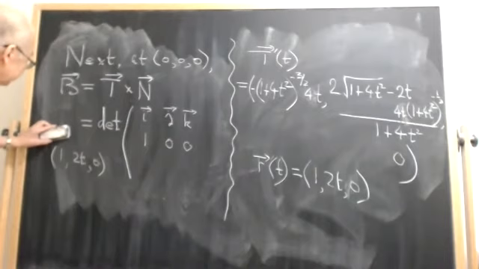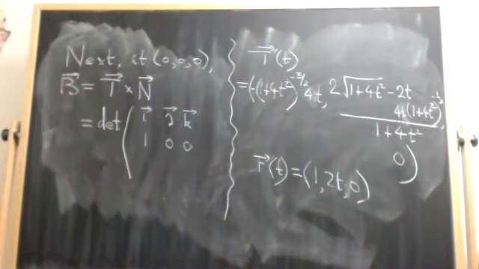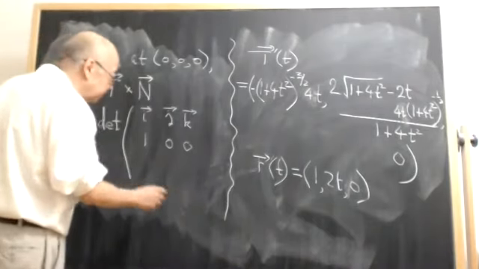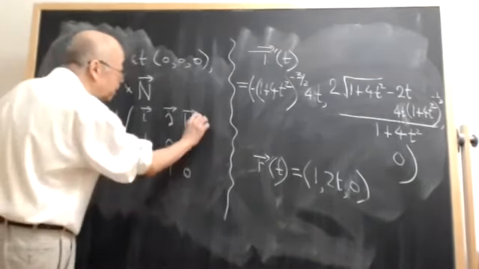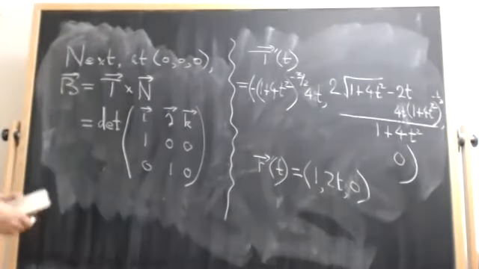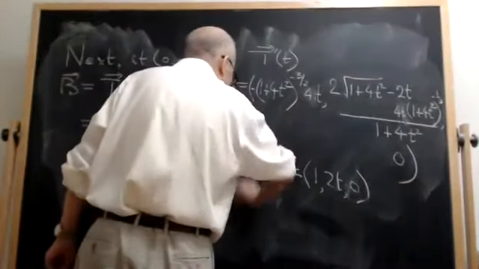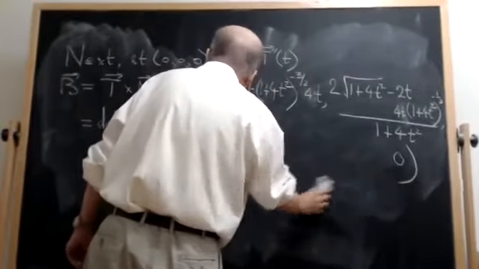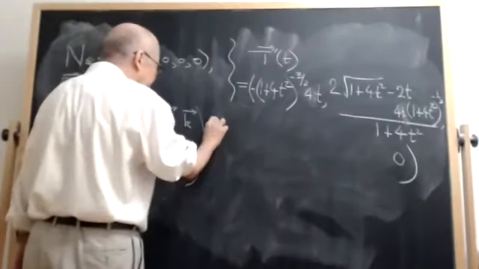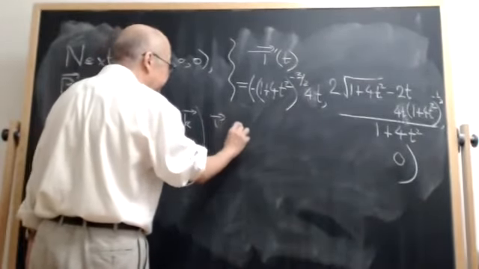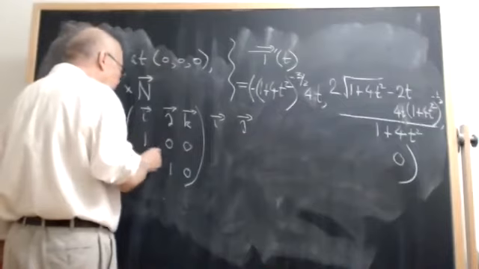And then finally, I have to take the unit normal, which I can remember because it's j. Right? So we got this. Now, to compute this, I pull the first two columns out.